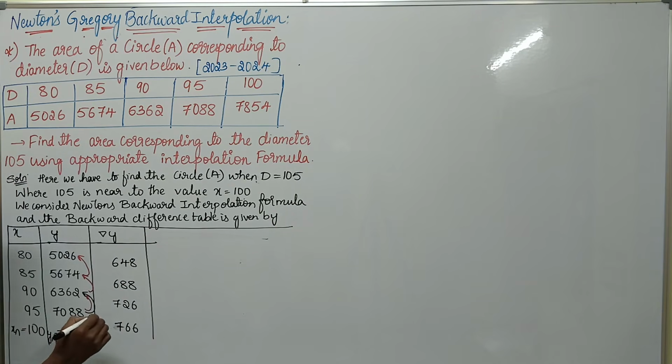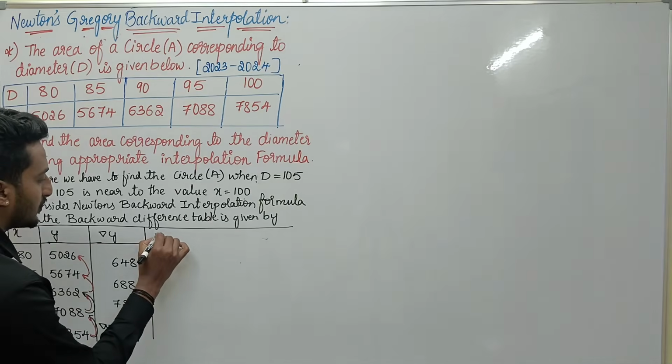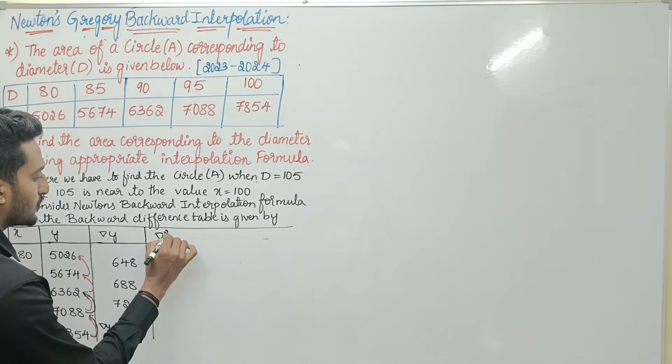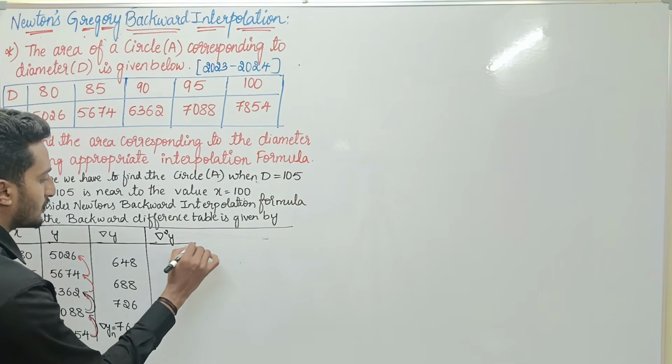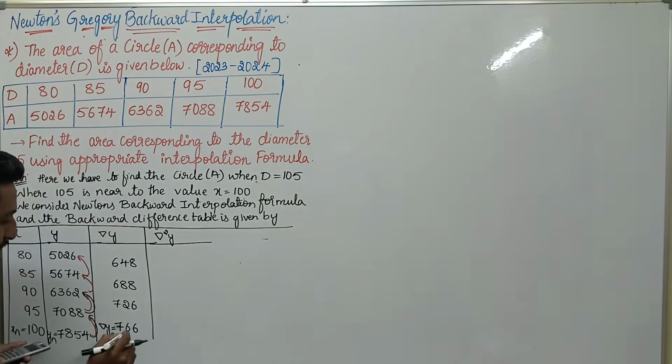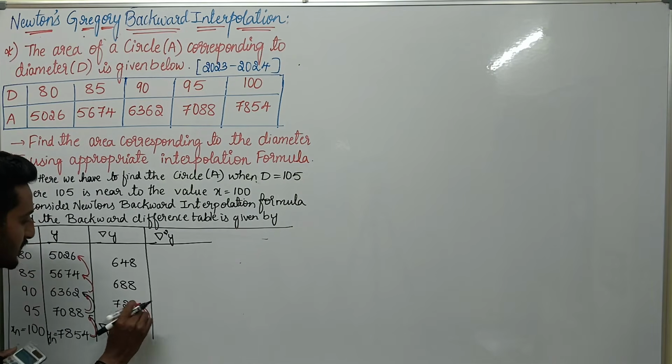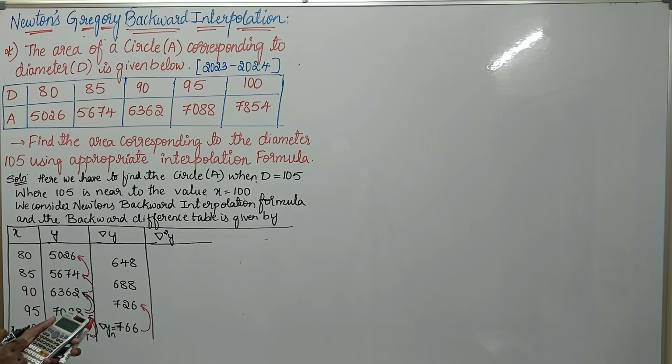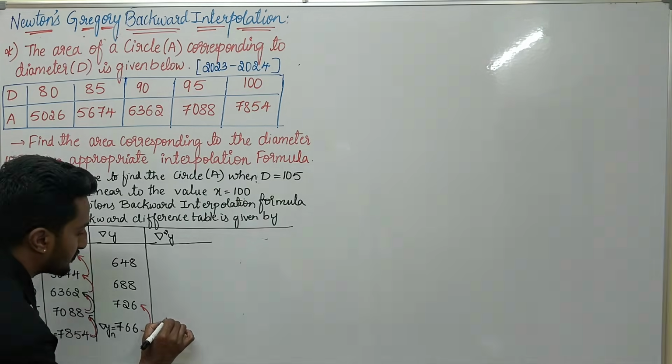Since I am going to consider the backward, I represent this as backward yn, that is 766. Now let us reduce it for the backward square of y. So backward square of y becomes 766 minus 726, you get 40.